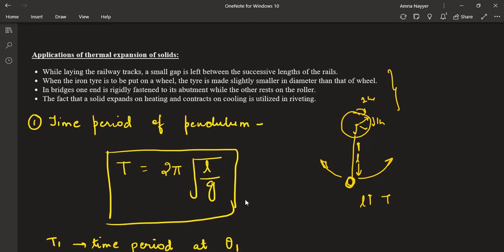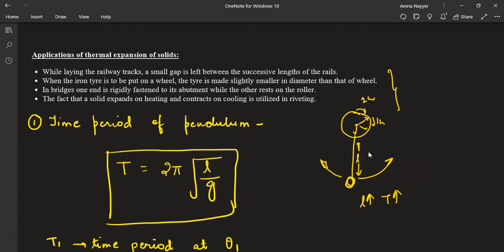Now, time period is directly proportional to the square root of length. So if because of heat the length has increased, the time period will also increase, right? How can time increase? Time is a definite quantity. Time is fixed. But what is being referred to here is that since the length is greater than usual, this will complete the oscillation faster.